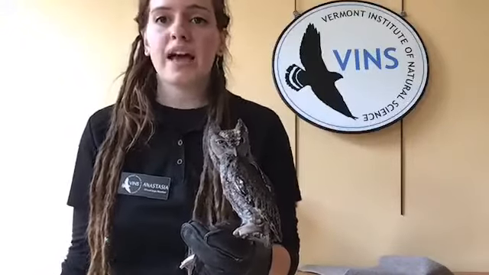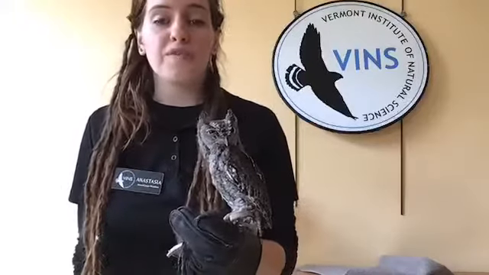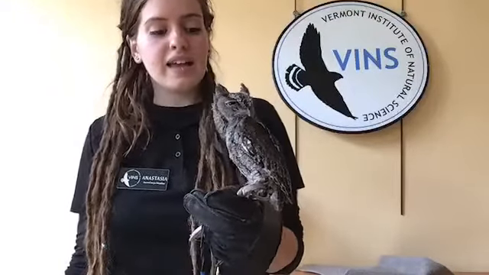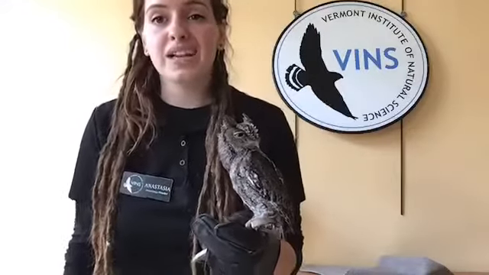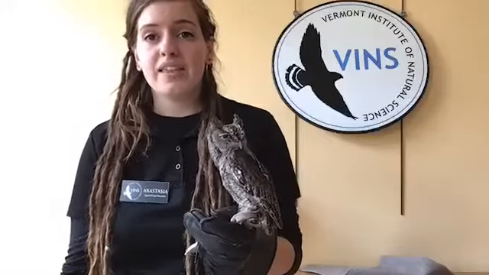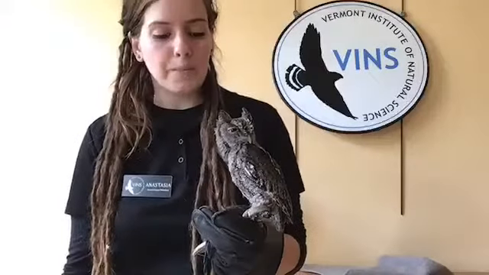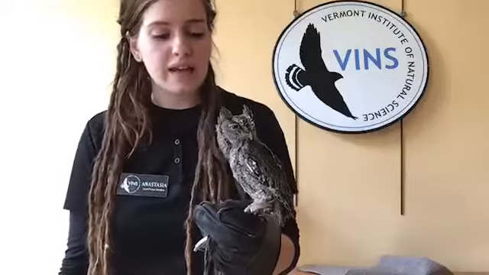So if you live on a property that has more open woodland, that's more of a suitable habitat for an eastern screech owl. Now with these guys, their populations are pretty stable throughout the country except for the Northeast. I mentioned that the American kestrel, their populations are declining pretty much throughout the country except for the Southeast.